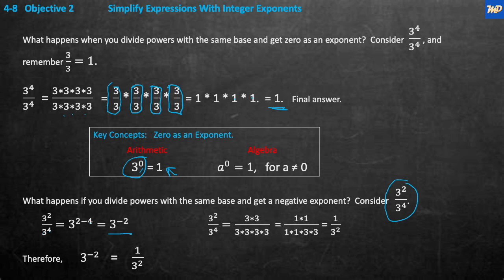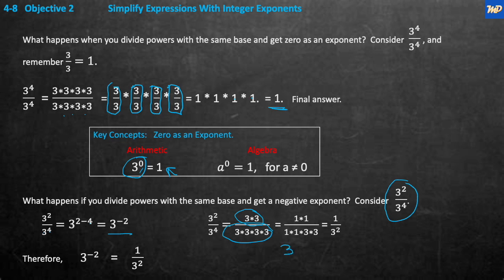So 3 squared over 3 to the 4th is equal to 3 times 3 over 3 times 3 times 3 times 3. 2 3's on the top, 4 3's on the bottom. So if we cancel out what's common here, we have a set of 3's up here, and we have 2 3's down here. When we cancel these out, they become 1. Why is it 1?